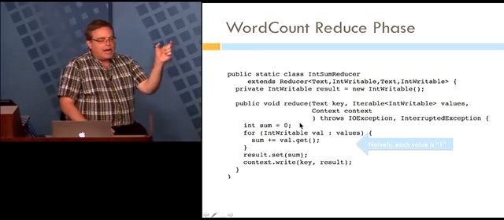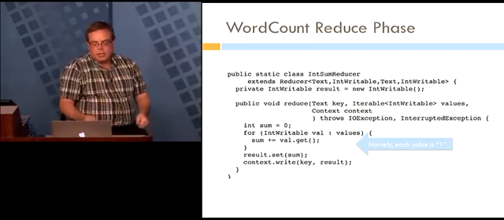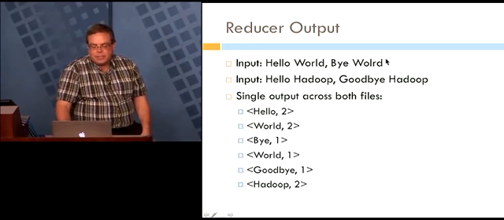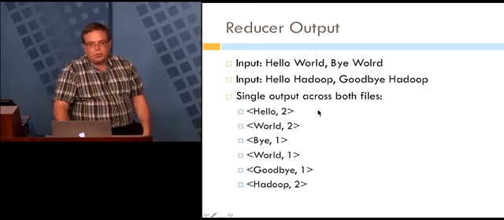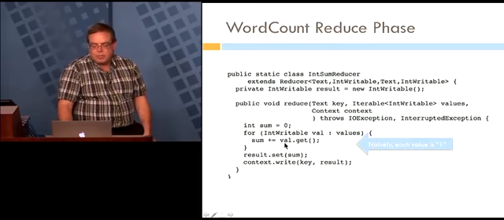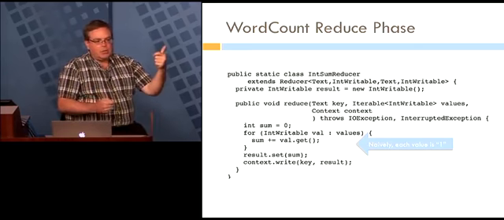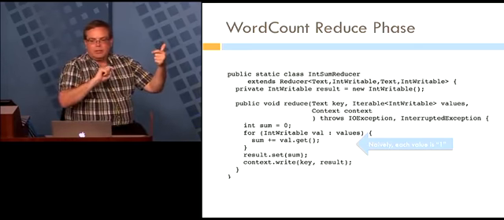So now if what I have is hello 1, so if I had these two sets of inputs here, what I'm going to get as the output of this is, for example, hello 2. Because what this reducer would have gotten here is hello and a list of 1 and 1.